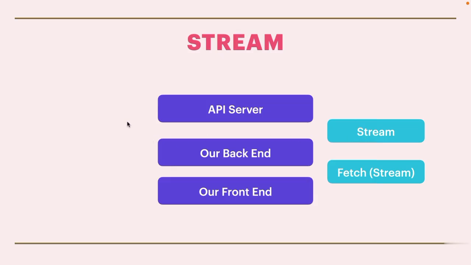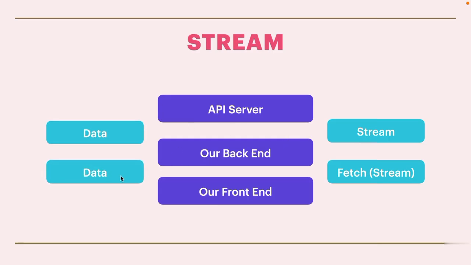So whenever the API server sends a chunk of data back to our backend, it is going to send that chunk of data to the front end or the React application. And then the React application is going to manipulate that data and display it as convenient. And that is exactly what you are going to do now in the React code.